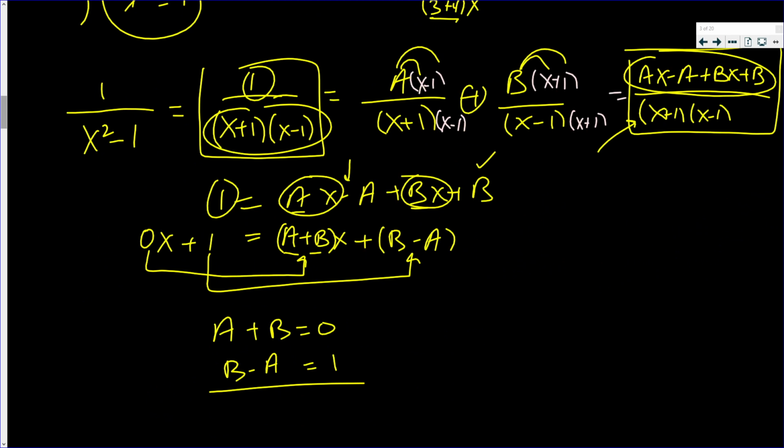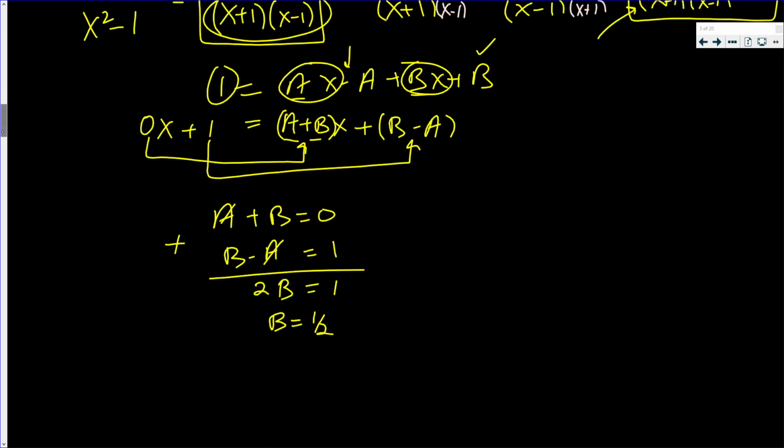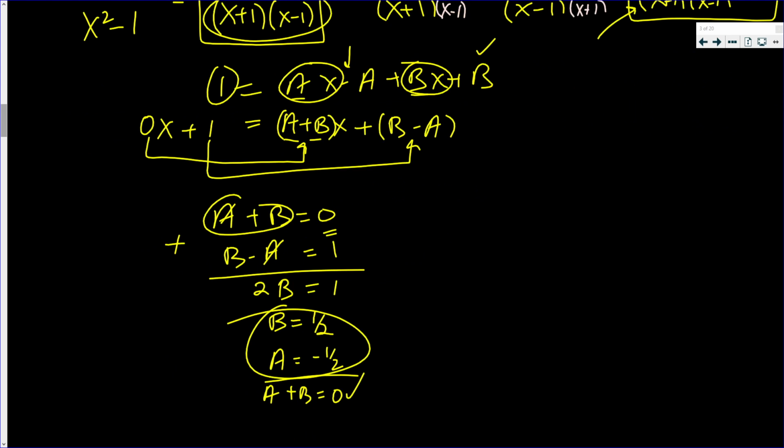Well, if I add these two, the a's cancel and I get 2b is 1. So b is a half. And when I add a and b, I get 0, so a must be negative a half. That way, when I add them, I do get 0. So a is negative a half, b is 1/2.